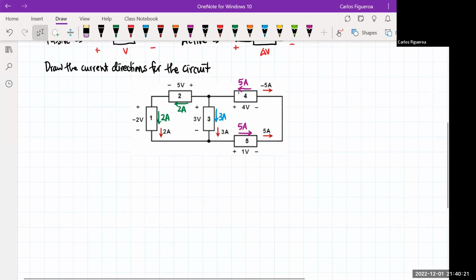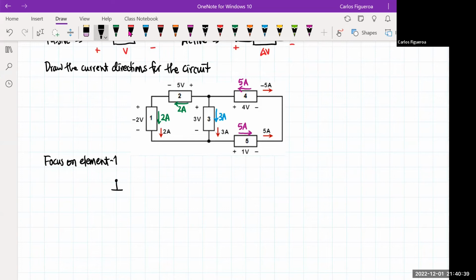There is one tricky bit here. Focus on element 1, and look at what you're seeing. I have element 1 right here, like this.